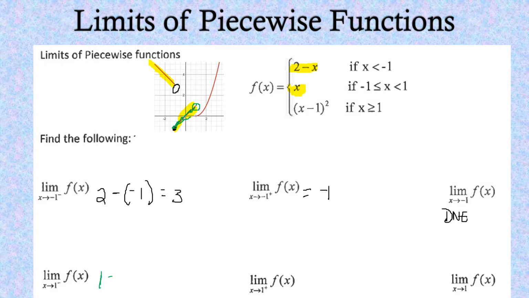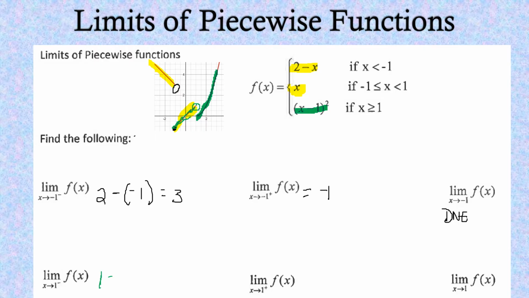When I approach f of x of 1 from the right, I'm going to use the bottom piece of that function. And that's going to give me, looks like 0. Because I'm coming in, but I'm also using this bottom function as well.